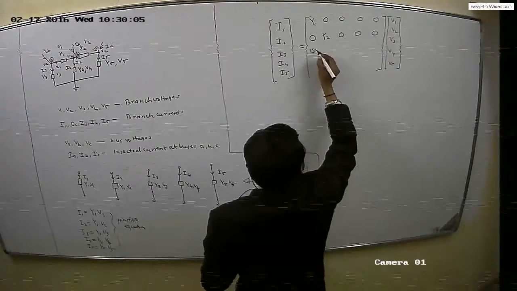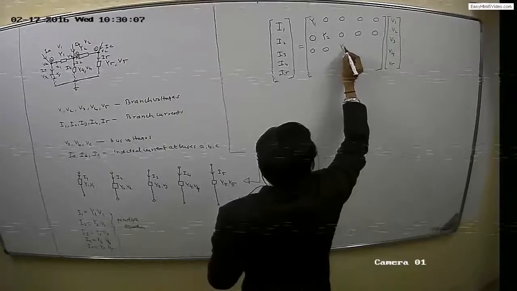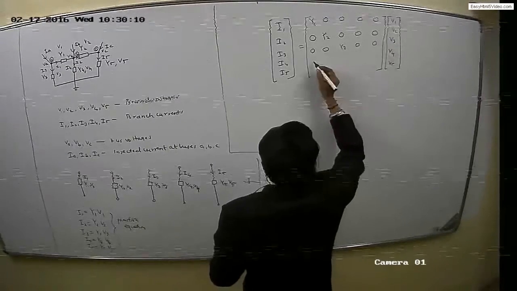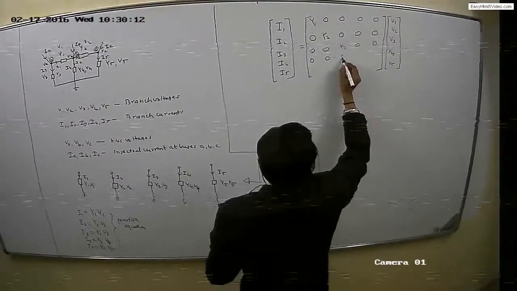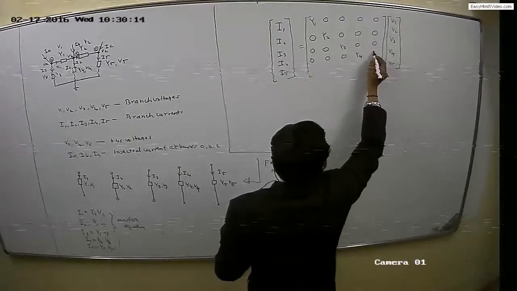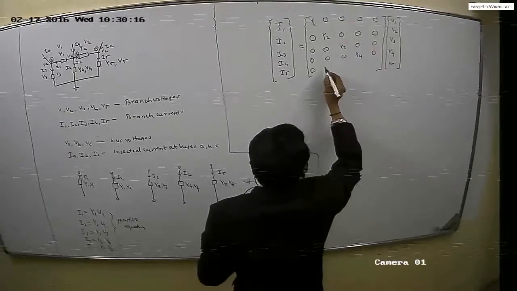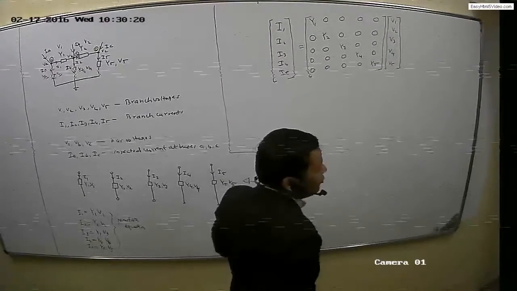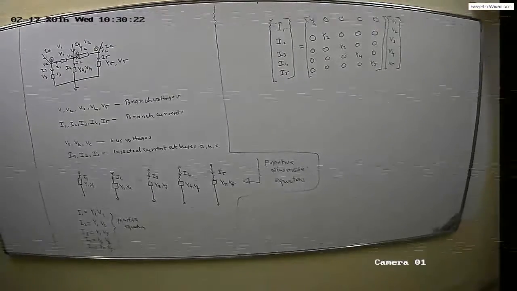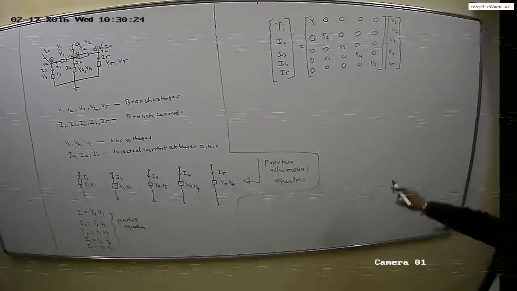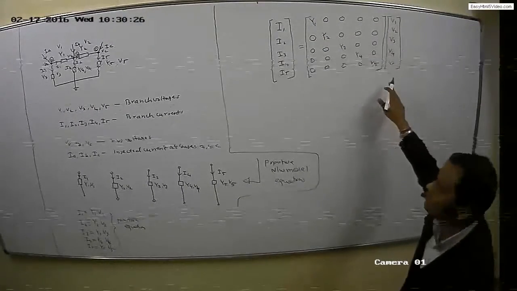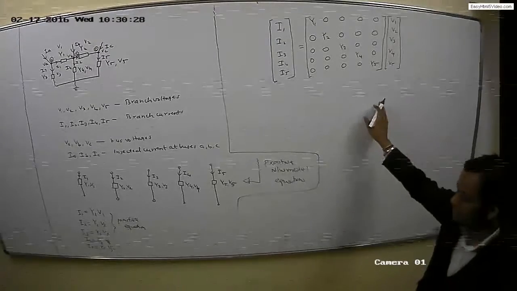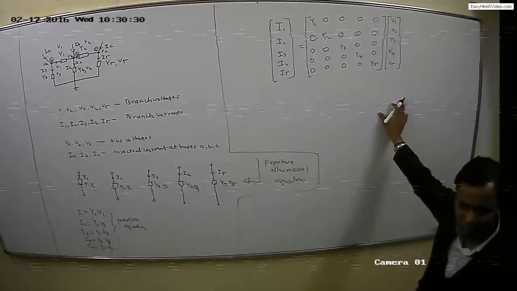And for I3, the third element will be present, and for I4, the fourth element will be present, and for I5, the fifth element will be present, otherwise all other elements will be 0. So if you observe this matrix, you will be able to see that only 5 elements are diagonal elements. So this is nothing but the primitive network equations, the primitive network model for this.